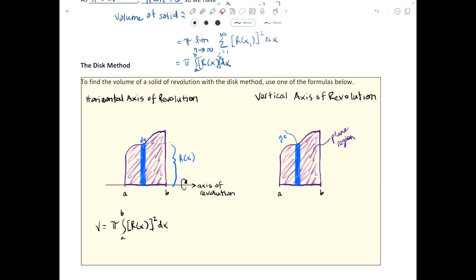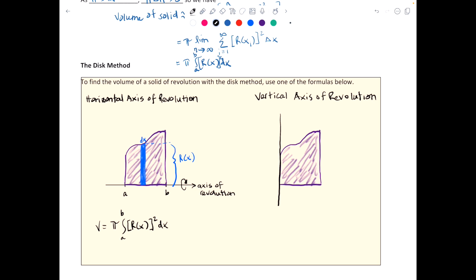The plane region, still the plane region, all right? And now instead of going from A to B, we'll be going vertically. So we'll have our axis going this way.